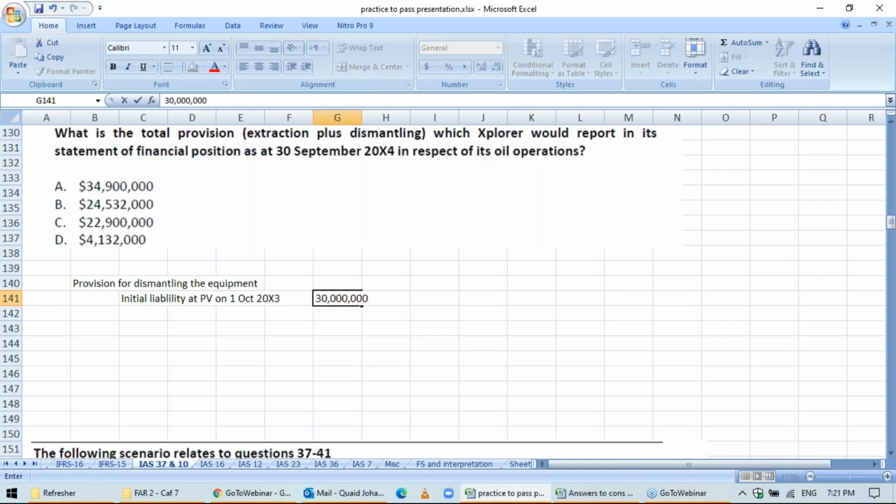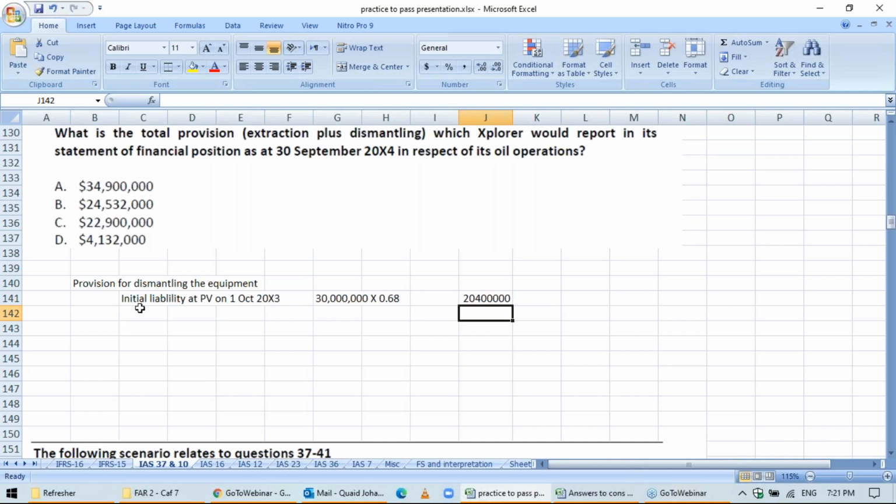But you have to record that if anyone asks you for the payment immediately on 1st October, how much will you pay? You will be paying just 68 cents right now. You won't be paying the interest. That's what I mean to say. So this is discounting. So the liability will be recorded at 20.4 million. Now they are asking you to calculate the liability on 30th September 2004.